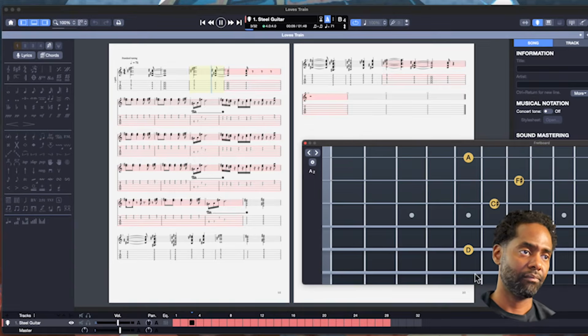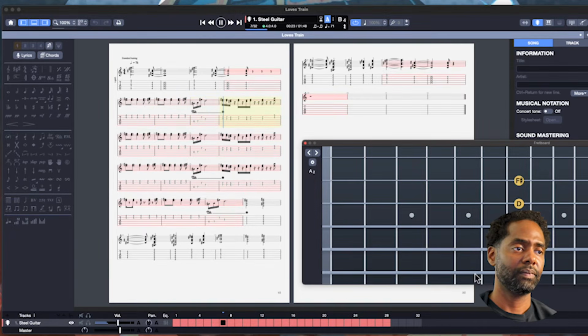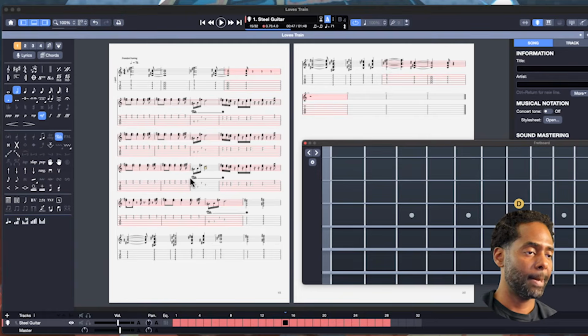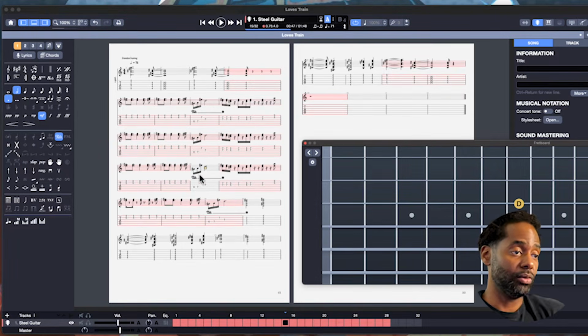It does it again. And notice here in the notation, I had to put the sustain indicator, so that you do that when you're playing.